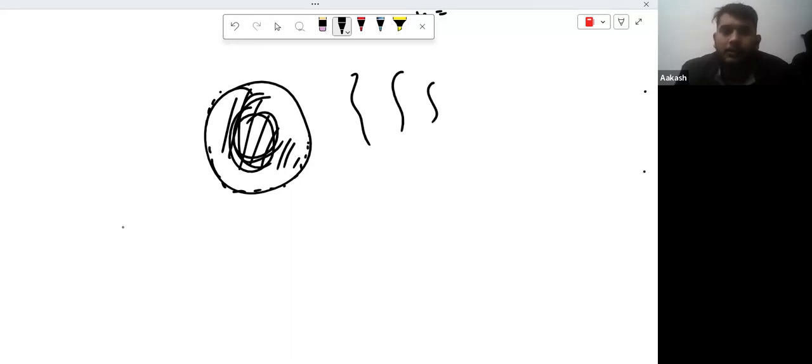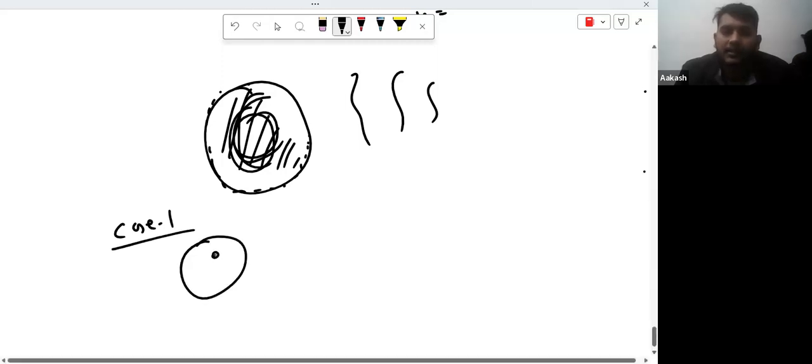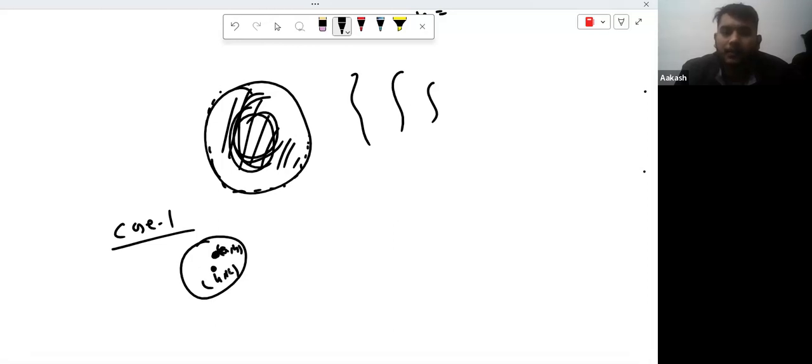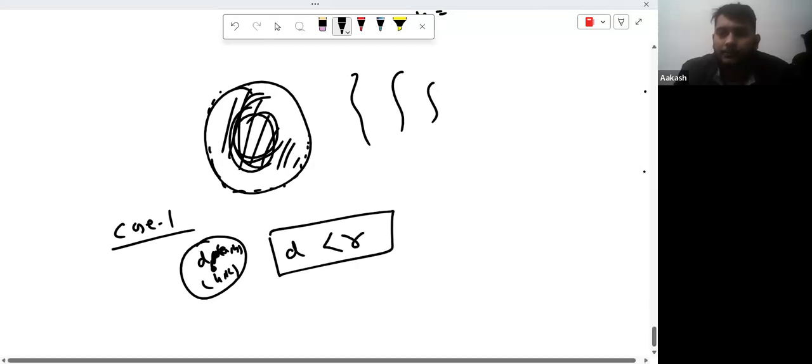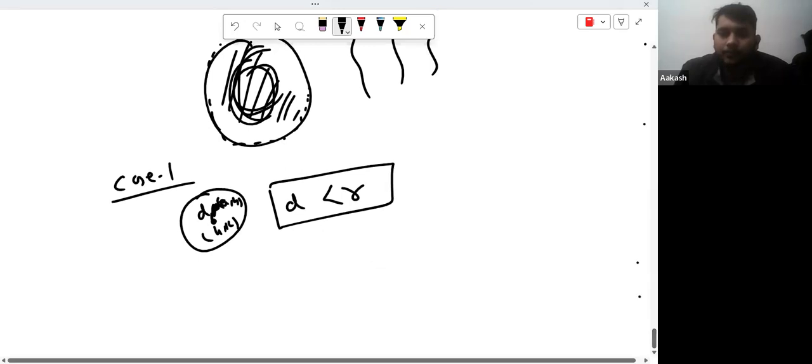In the first case, if a point lies inside the circle, suppose this is h comma k, and this is a comma b, then the distance between these 2 points will be less than the radius.